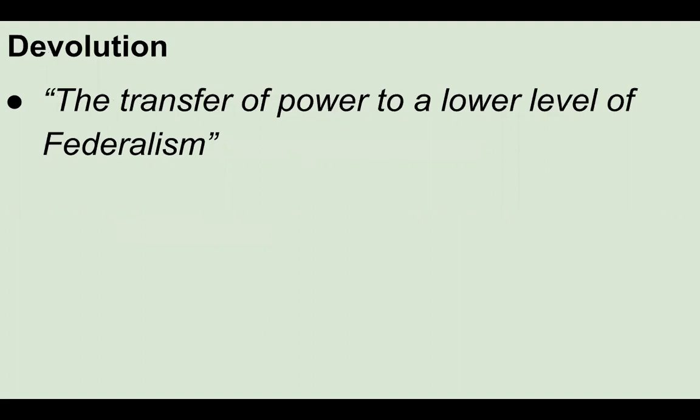The definition is the transfer of power to a lower level of federalism. This is most common in going from the federal government to state governments. And we're going to talk later, in the next video, about how, practically speaking, devolution is actually done.